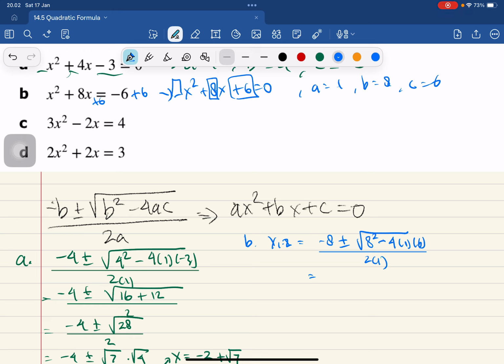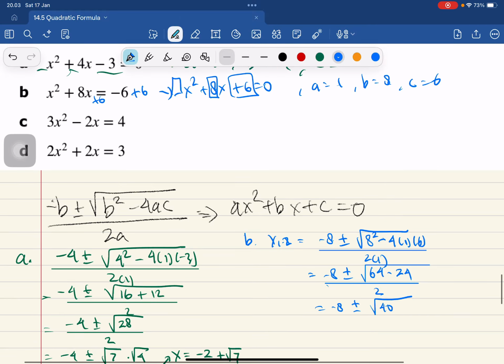This is going to be minus 8 plus or minus the square root of 8 squared, which is 64, minus 4 times 6, which is 24, divided by 2. So it's going to be minus 8 plus or minus the square root of 40, then we divide by 2.